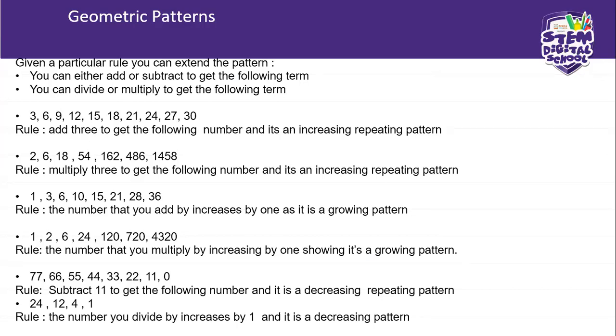Rules are the commands given to us to ensure that we are safe and that we abide by them. And in geometric terms, it's the way by which the geometric patterns increase or decrease. Repeat the last part.